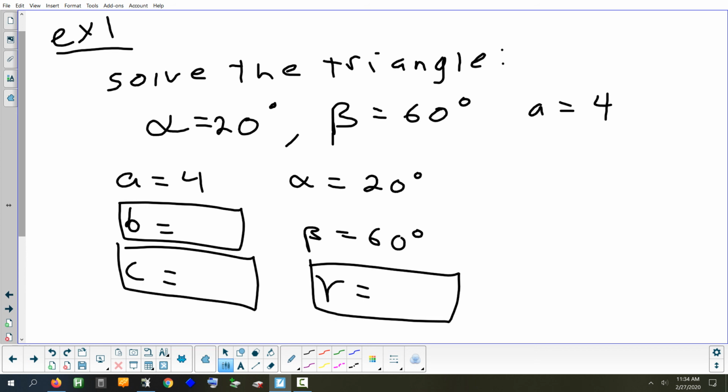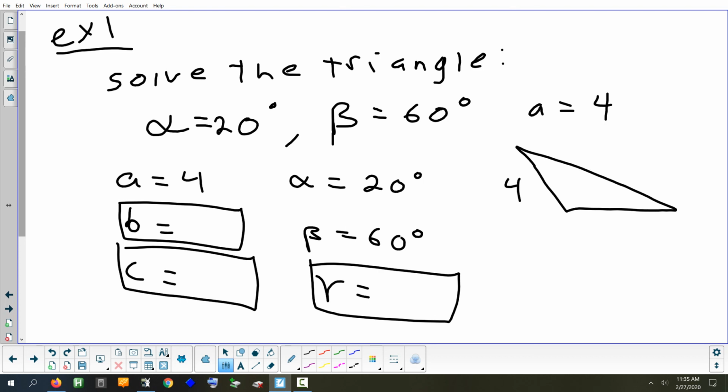Now, you're not going to have to worry about this as much for this test. But eventually, once I teach you the law of cosines, you're going to have to figure out, did he give me a problem with law of sines or law of cosines? Which law should I use? They're not interchangeable. You can't just pick which one you want. So the way you tell which one this is, draw it. Go back to your notes and see, is it one of the 3 types that I told you?